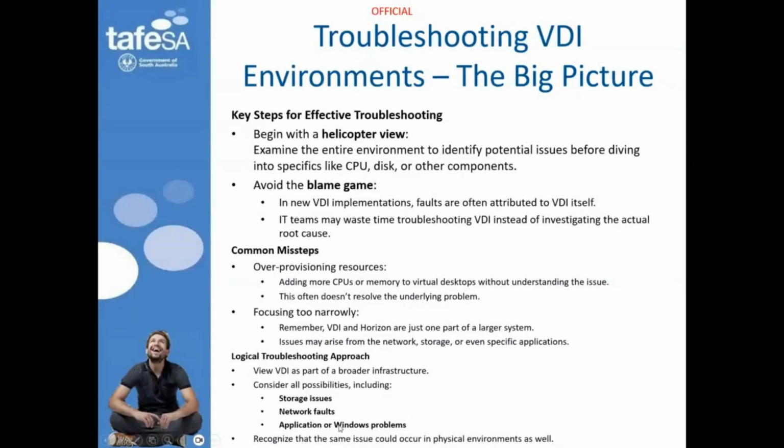So what does that mean? If you deployed the desktop on a physical computer, will those same applications or same operating system or same network or same storage also cause a problem for the physical desktops as opposed to the virtualized desktops? If they're going to affect the physical desktop in the same way, then the problem is not the virtual desktop infrastructure. It is how those different components are configured or set up, or the performance levels.